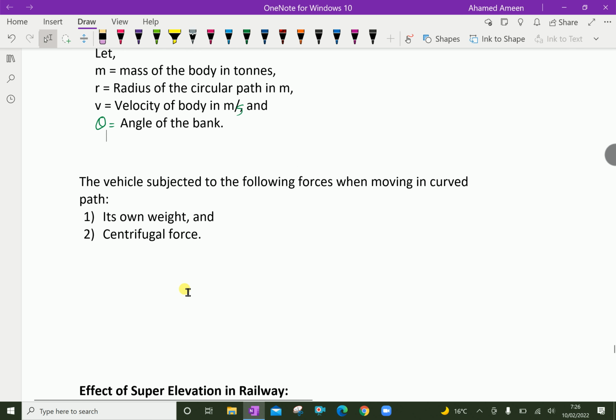Now we will derive some equations. Look here.